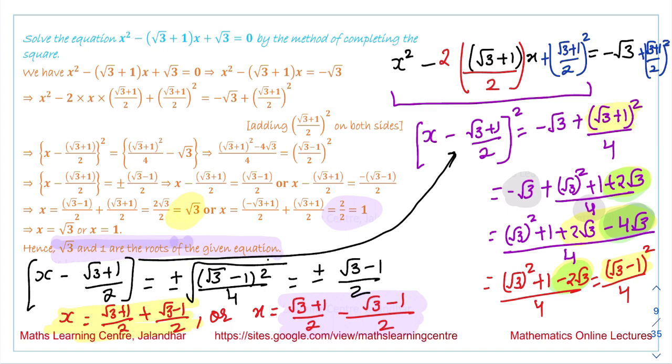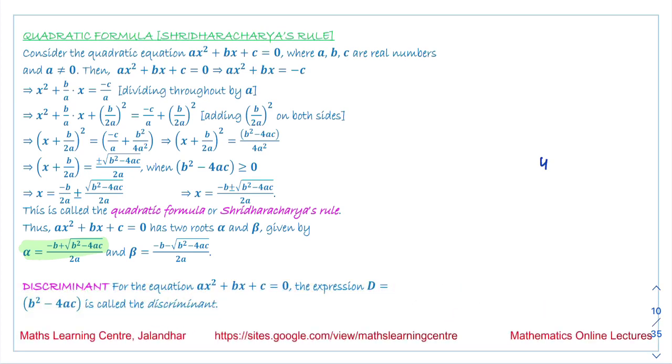Next we are talking about the general solution of the quadratic equation, the quadratic formula. So the general quadratic equation we have is ax square plus bx plus c is equal to 0, where a is not equal to 0. We are trying to solve this equation by the method of completing the square.